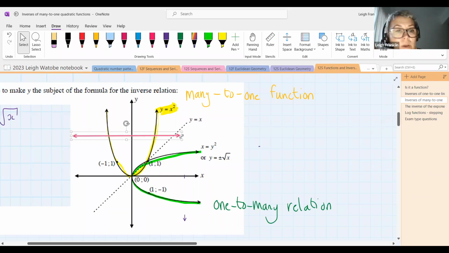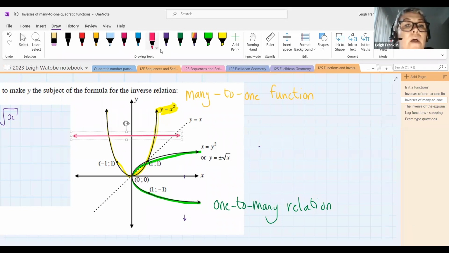So the reason why we call it a many to one function is because we have got one y value. Where that pink line is, there is one y value. So for example, the coordinates at this point over here, let's pretend that that is 3 and 5.